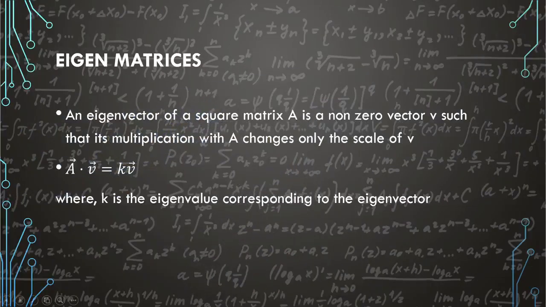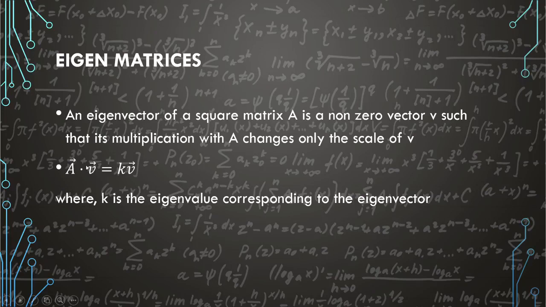So, eigen matrices. An eigenvector of a square matrix A is a non-zero vector V such that its multiplication with A changes only the scale of V. In data preparation for machine learning, this is an important term, eigenmatrix. So what actually happens?